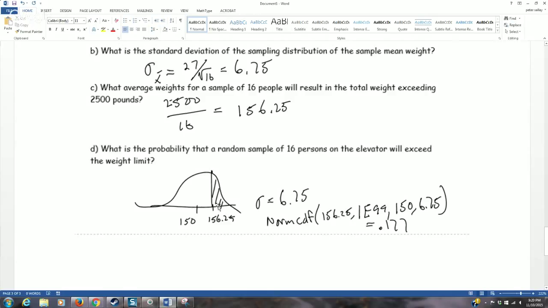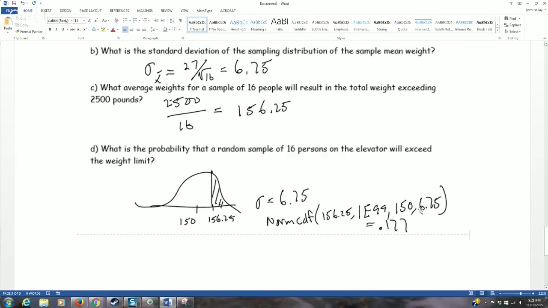With norm CDF, we have a lower bound and an upper bound. The lower bound is 156.25. The upper bound is going to be positive infinity, and in the calculator, we just write that as 1E99. Then I comma the expected value, which is the mean, comma the standard deviation.